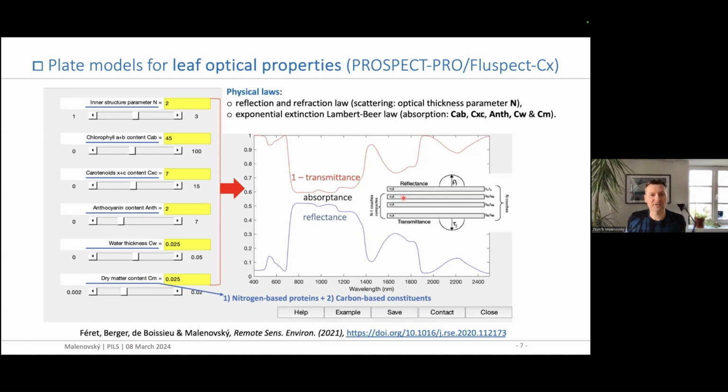So using these few inputs, the model is able to mimic the leaf reflectance, leaf transmittance, and if we subtract the sum of these two from 1, we will get the energy which has been absorbed between 400 to 2,500 nanometers. So this is what we call the optical part of the electromagnetic spectrum.